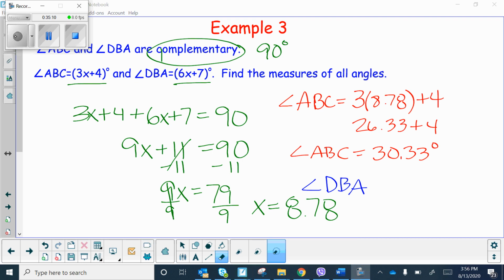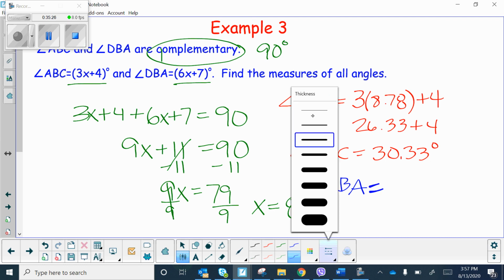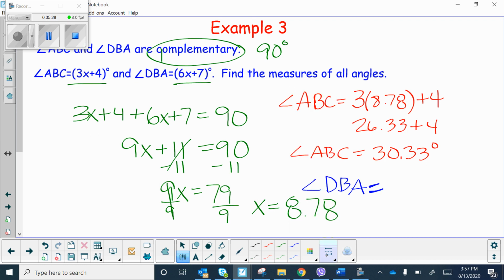So we get 59.67. I always like fractions, so this would be 30 and 1/3 degrees.